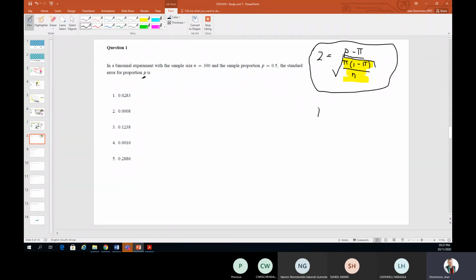So I would assume that we can just do this as well. Divided by n, that is 300.